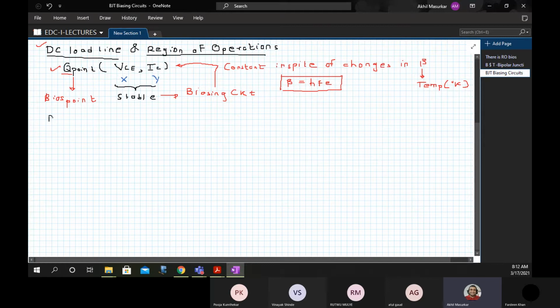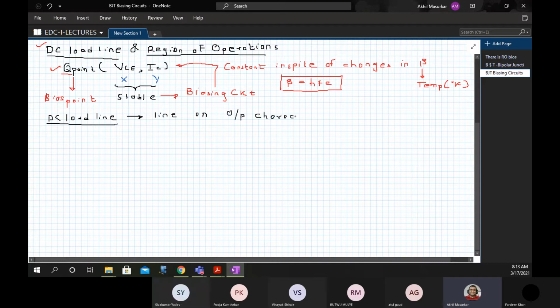I am just writing it: line on output characteristics.